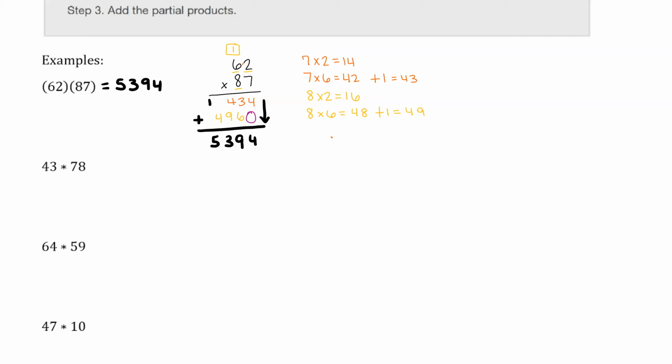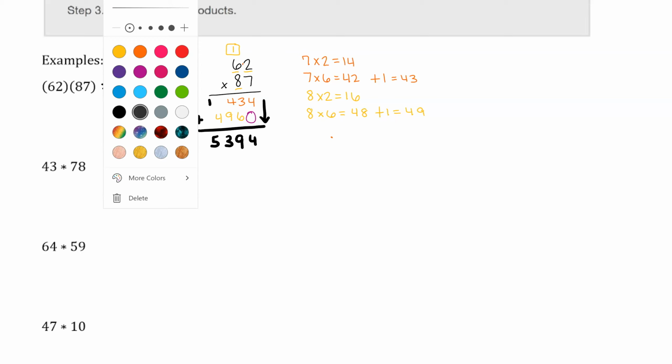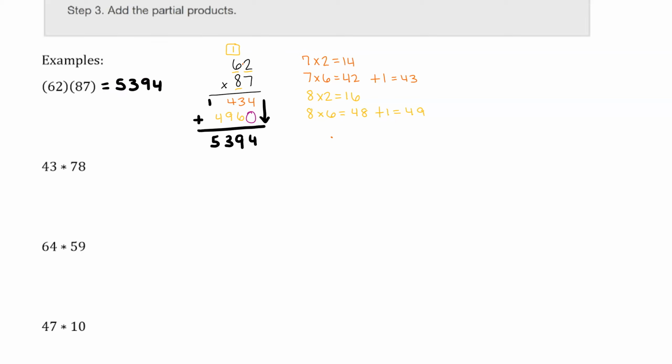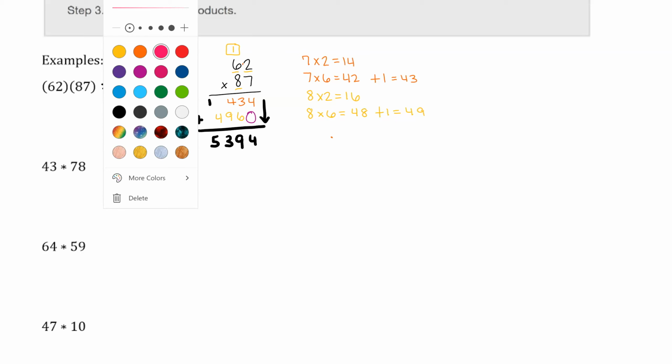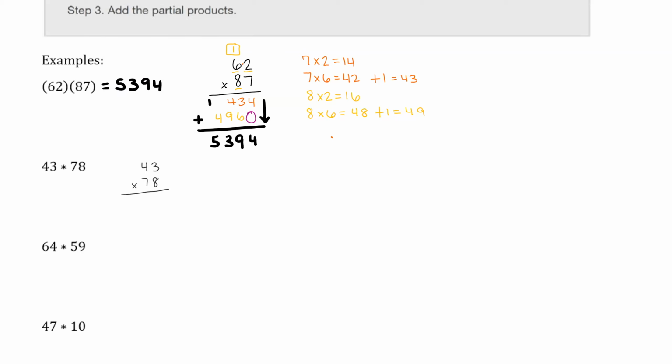Let's try another one. We're going to do 43 times 78. We'll do partial products. First let's multiply by 8.